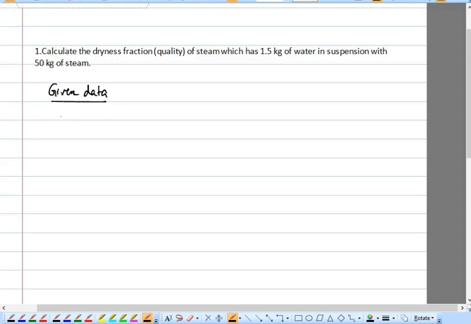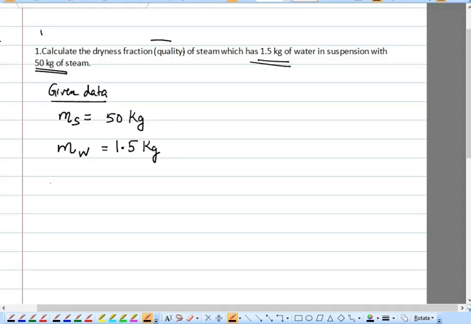The mass of dry steam, you take as ms, it is 50 kg. So this is the mass of dry steam and this is the mass of water. Okay, so you keep it as ms and this as mw. It is equal to 1.5 kg.